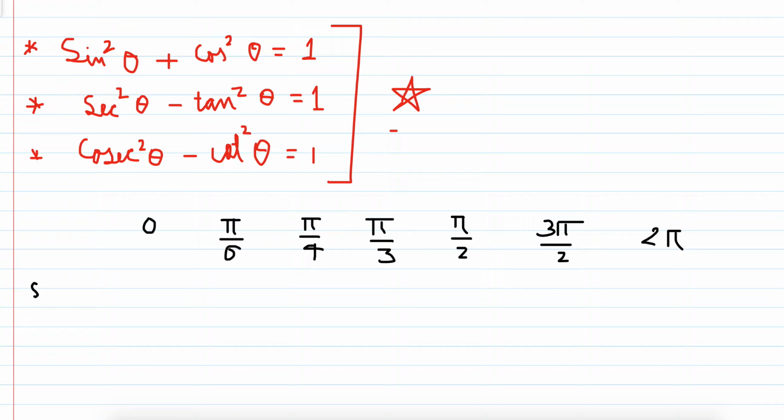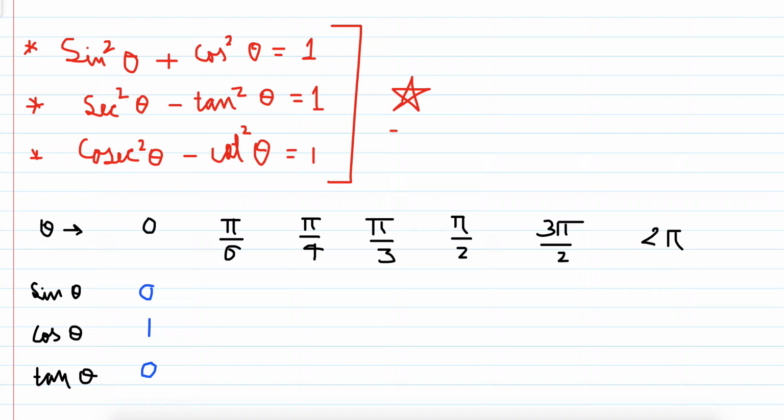And we will see the values of sine theta, cos theta, and tan theta. So these are the values of theta. For 0 we had seen that sine theta is 0, cos theta is 1, and tan theta is the ratio of sine and cos, so it will be equal to 0.